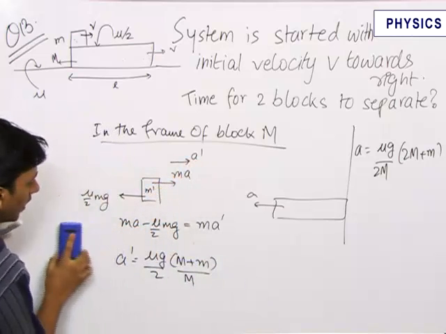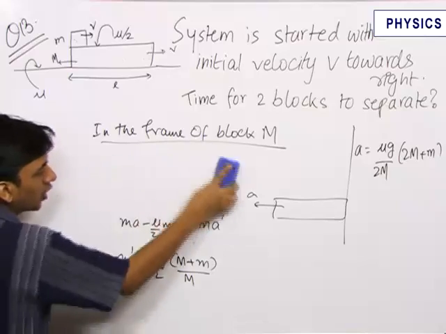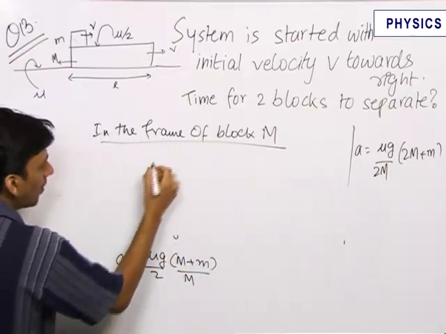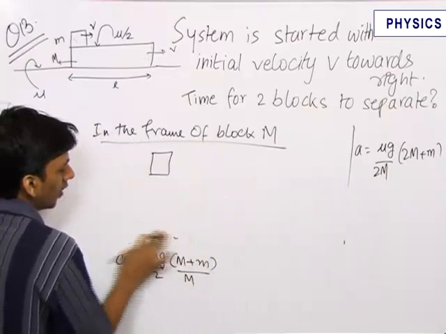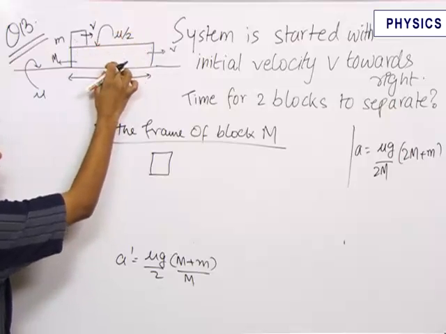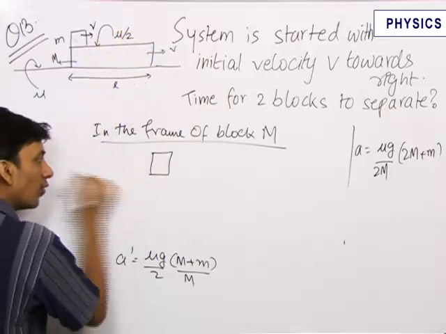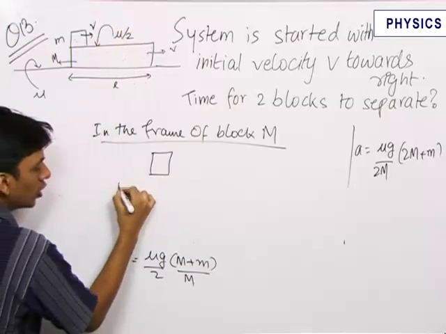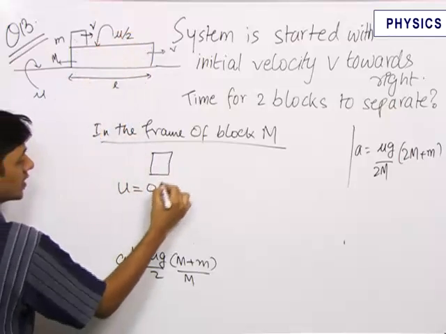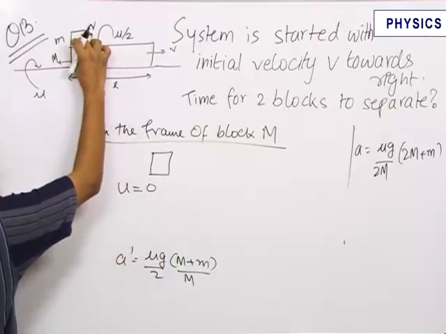So now let us write equations for the upper block again. The upper block has to cover a displacement of L in the frame of the lower block. Now we are solving everything in the frame of the lower block. So the initial velocity of the upper block in the frame of the lower block was 0, because initially both were moving with velocity v.